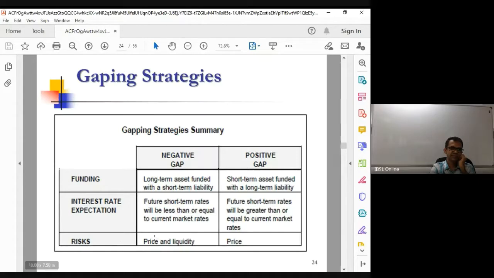The risks are price risk and liquidity risk. In a positive gap, short-term assets are funded with long-term liabilities. So therefore, we expect interest rate to go up in the future, and we face only the price risk.